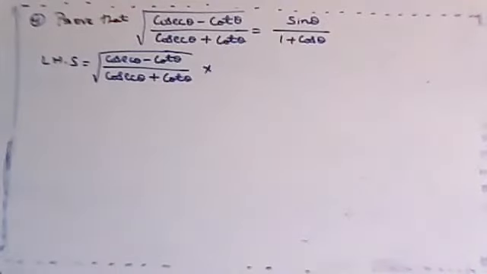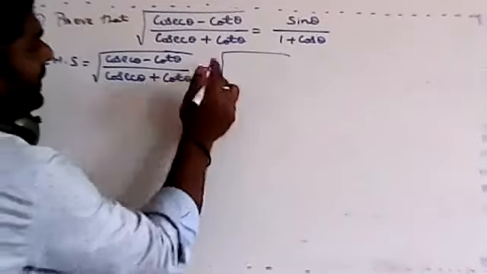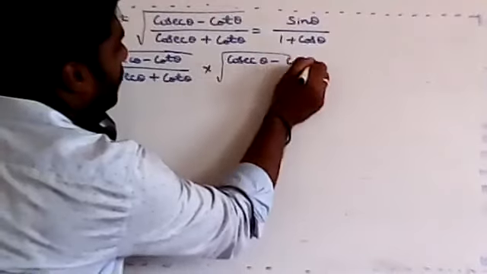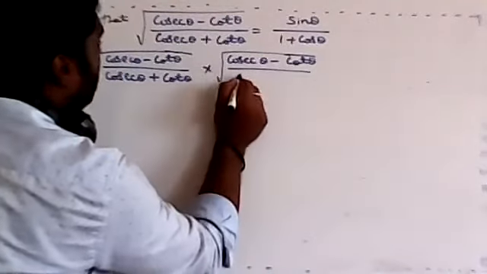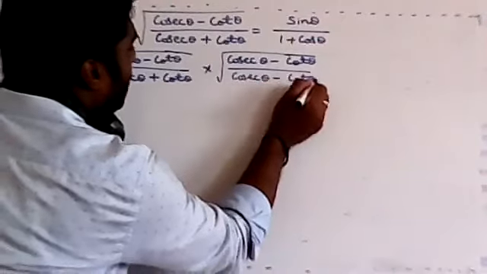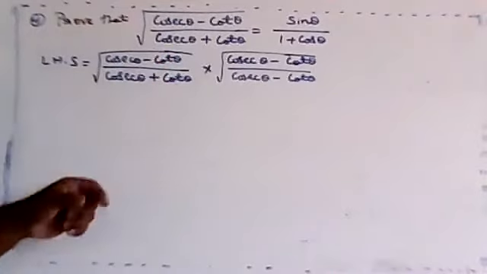We have to multiply it with, so see the denominator here, plus is there, no? So minus we have to take. So cosecant theta minus cot of theta divided by cosecant theta minus cot of theta. Okay, so we know that the laws of indices here, both the power is same.